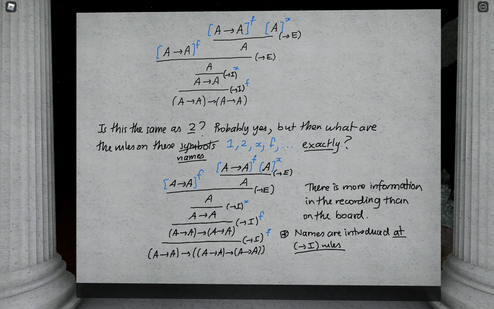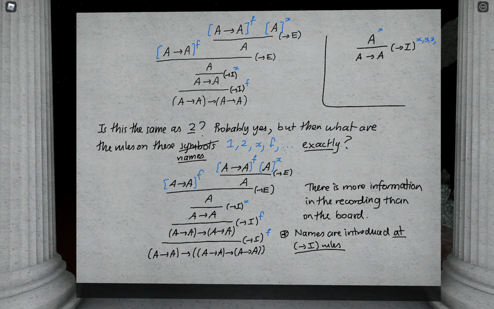You could say something like, okay, I'll introduce A, and whenever that's discharged, I'm going to use the letter X to stand for that. And then when you get down to actually use it, you just refer to that copy. And then if you wanted to eliminate multiple ones, then you'd have to maybe put X, Y, Z or something there, right, to say which hypotheses you're going to use.